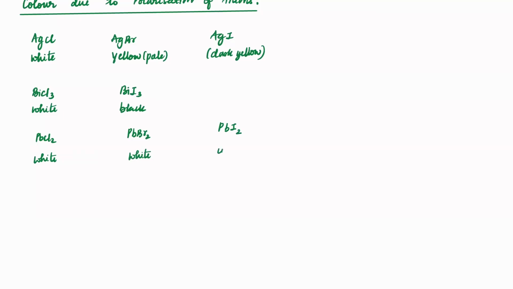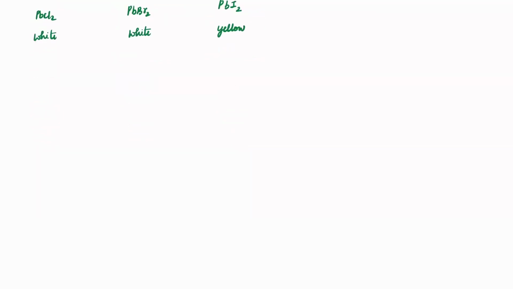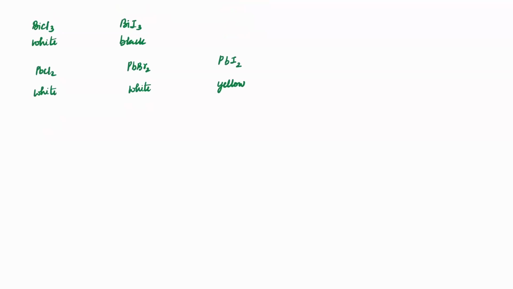And PbI2 is actually yellow in color. Okay. Next, if you notice HgCl2 and HgI2, same logic here also. HgCl2 is white in color, but HgI2 is scarlet red in color.